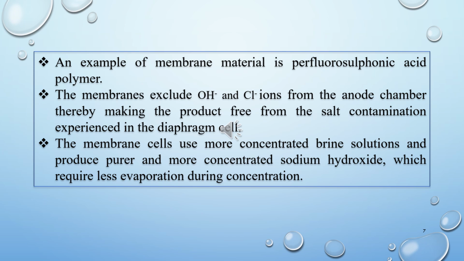So as a result, the side products, salts, will not form as they were formed in the diaphragm cell. So if the salts are not formed, it means the membrane cell will give you a purer product as compared to the diaphragm cell.